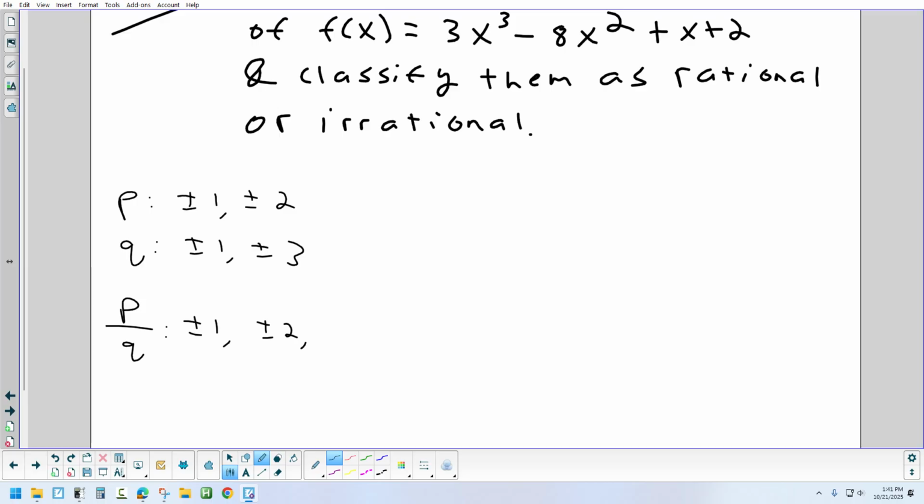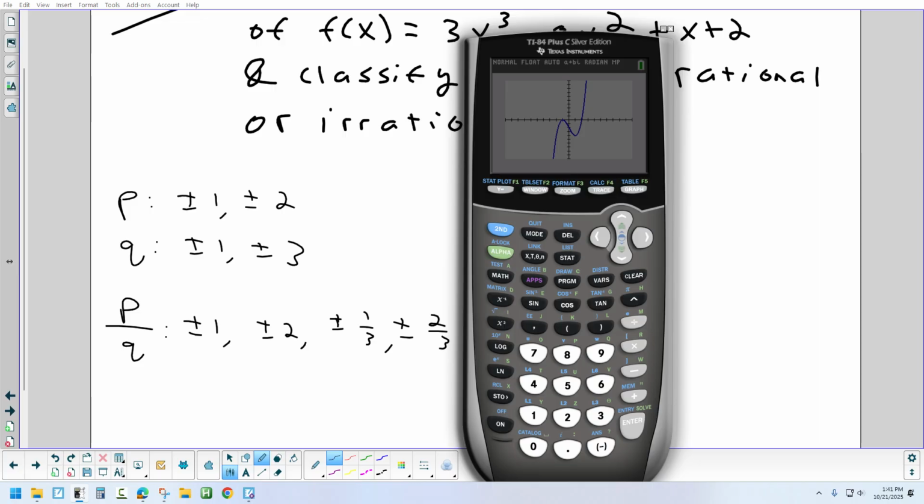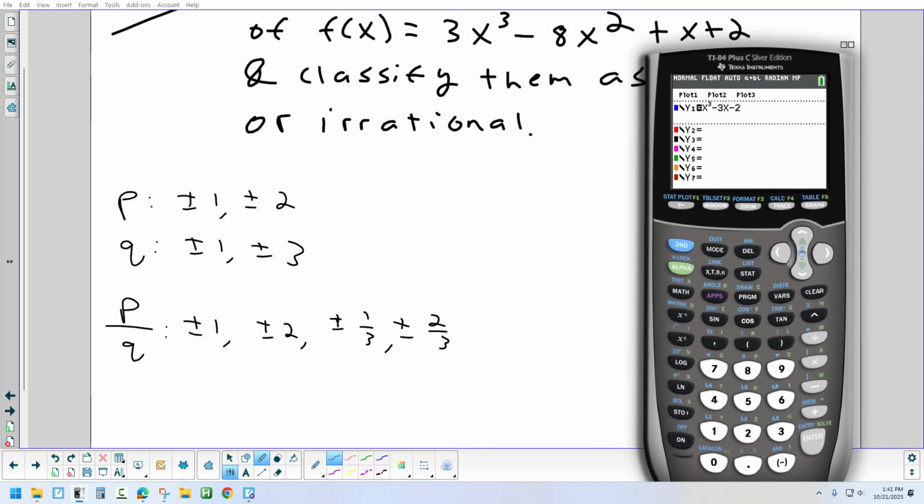Yep, plus or minus 2 over 3. And what else? Yep, plus or minus 1 over 3. That's it. So if this graph is going to cross the x-axis at a fraction, it has to be in that list. Okay, so now let's graph it and see if we can narrow it down.